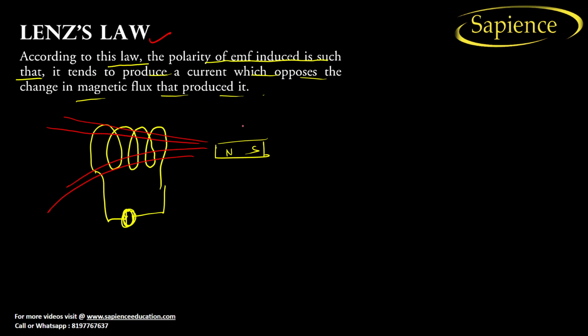Now when you move this bar magnet toward this or in this direction, a change in flux will happen. If a change in flux happens, what will happen? A current will be induced.